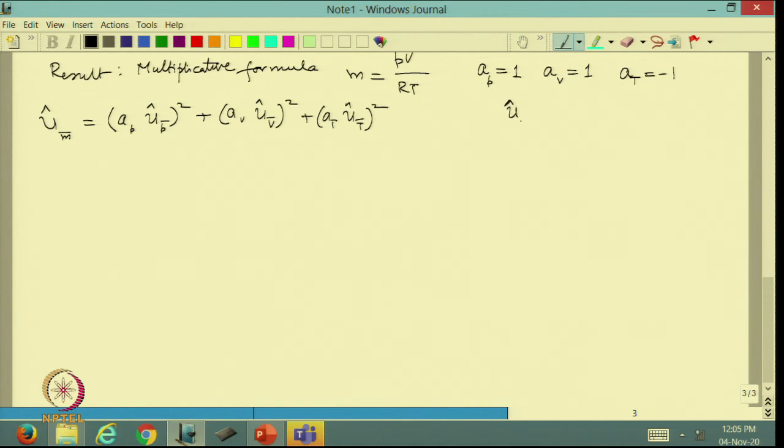Where u hat for any parameter is defined as u divided by x_i bar.